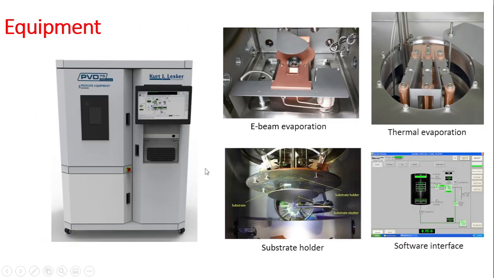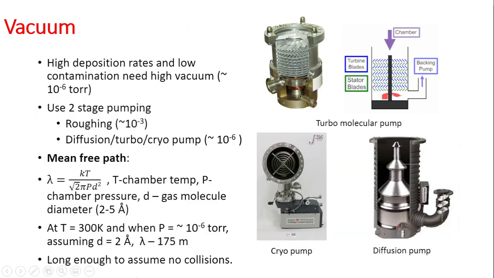So you can assume that when you're doing thermal evaporation, because of this very high vacuum, two adjacent molecules won't collide with each other, and this is actually quite important in the case of thermal evaporation.